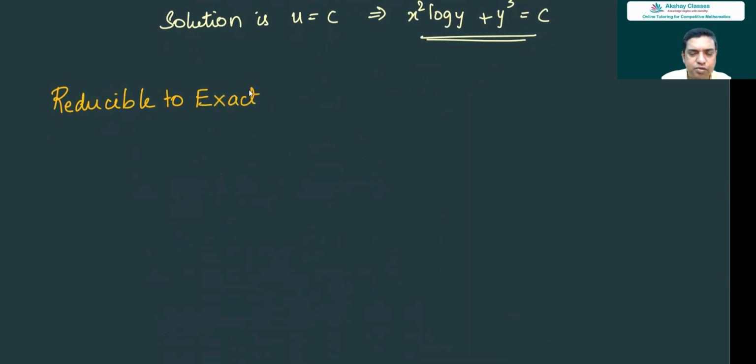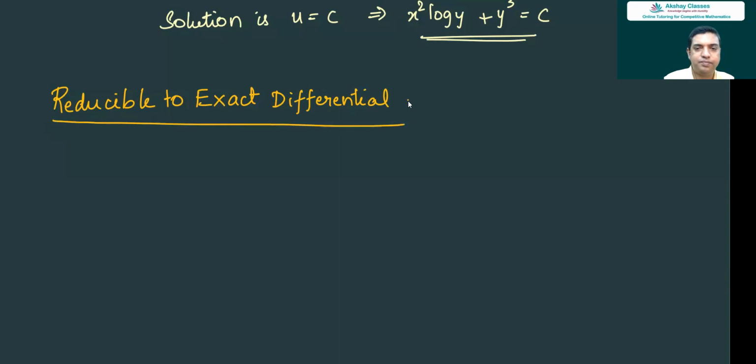GATE questions are reasonably simple, just that it should strike you. The volume of the syllabus is large in GATE, but the type of problems you get is easy. In the next class, that is tomorrow's class, I'll make you do some problems on this: reducible to exact differential.